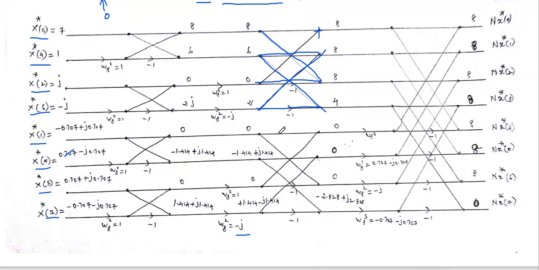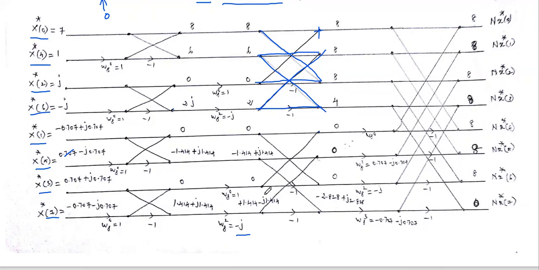So in this line, 0 added with 0 is 0. In the second line, 1.414 minus j 1.414 plus minus 1.414 plus j 1.414; you just add, so both answers cancel. So the answer is 0. Similarly, in this line, 0 plus 0, 0. Here, minus 1.414 plus j 1.414, then minus of this one.